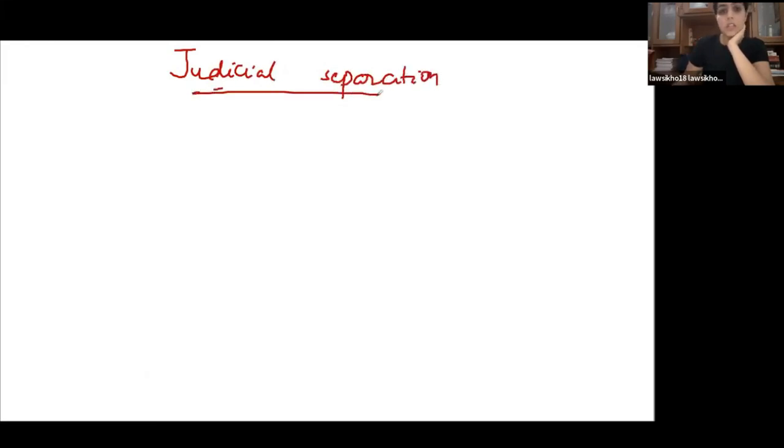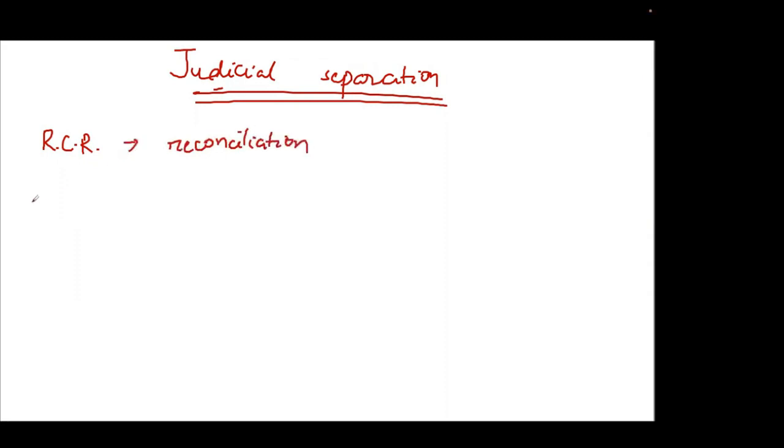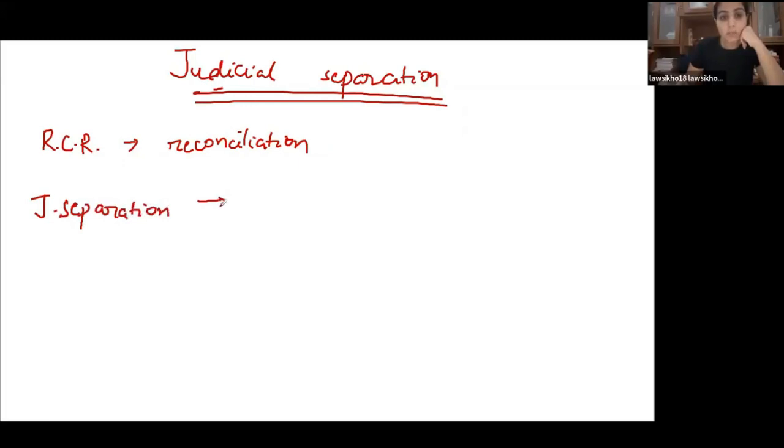In restitution of conjugal rights, what was happening was that one of the spouses withdraws from the society, and ultimately what relief is the spouse asking from the court? For reconciliation, right? But in judicial separation, the spouses approach the court and ask that we will live separately, but we will not get divorced.